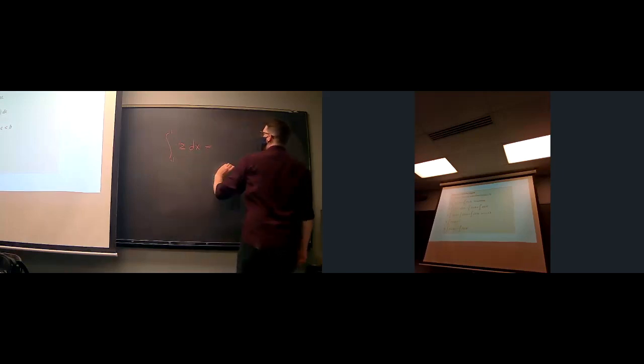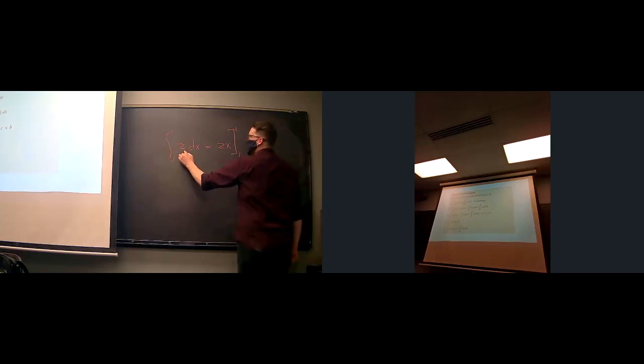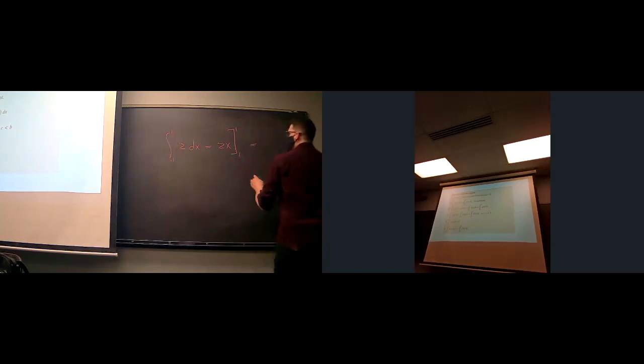Well, this thing is going to come out to be 2x from 1 to 1. So we're going to get 2x evaluated from 1 to 1. So 2 evaluated at 1 minus 2 evaluated at 1, it's 2 minus 2, or just 0. So that's where this fourth property is coming from.